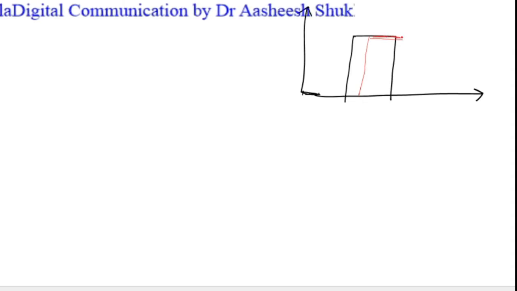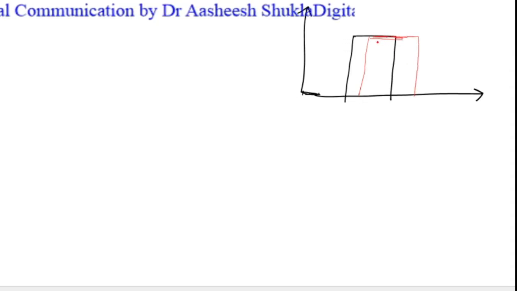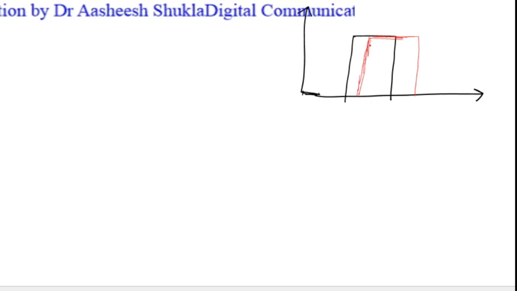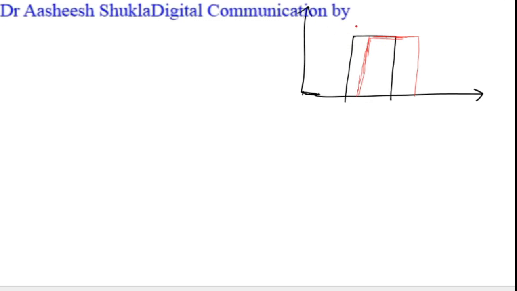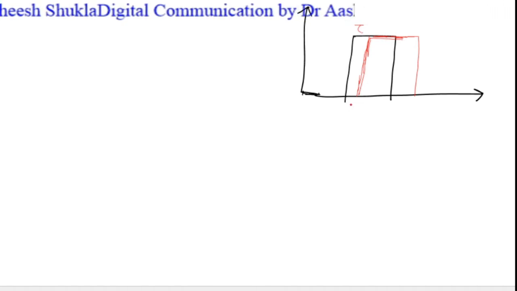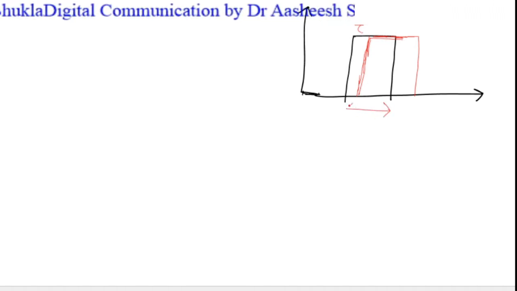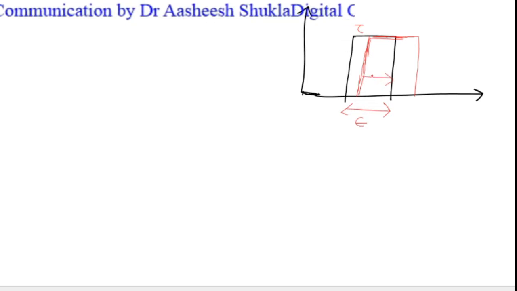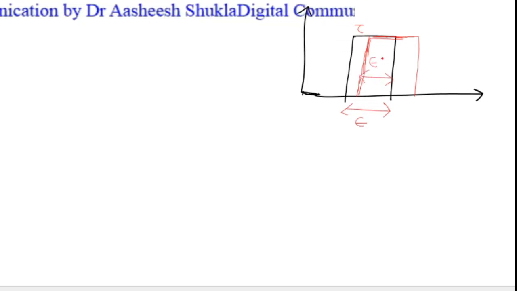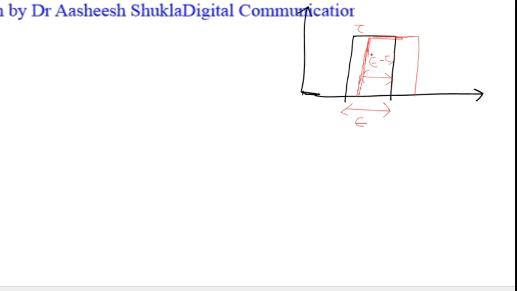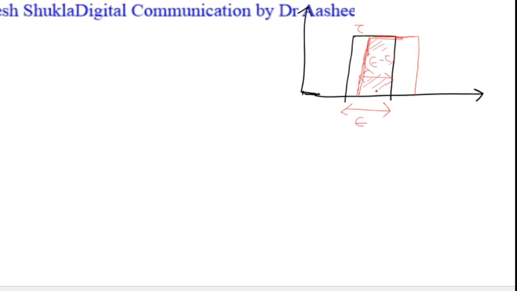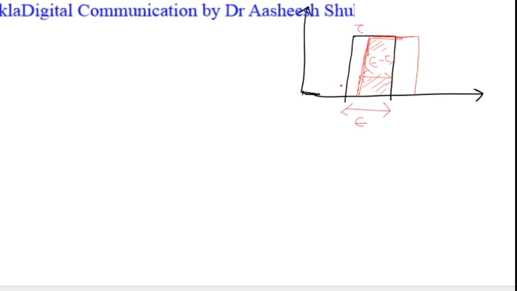Suppose I shifted this pulse by a width tau, and the duration of this pulse is epsilon. Then this overlapping area has the width of epsilon minus tau, and this overlapped area is important for us, right?